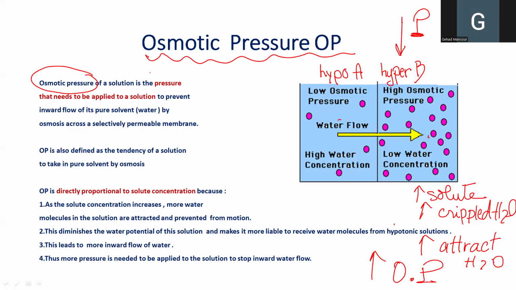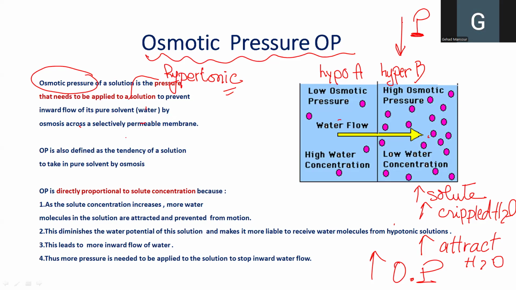So osmotic pressure of a solution, after having explicitly explained all the previous concepts, is the pressure that needs to be applied to a hypertonic solution to prevent the inward flow of pure water by osmosis.